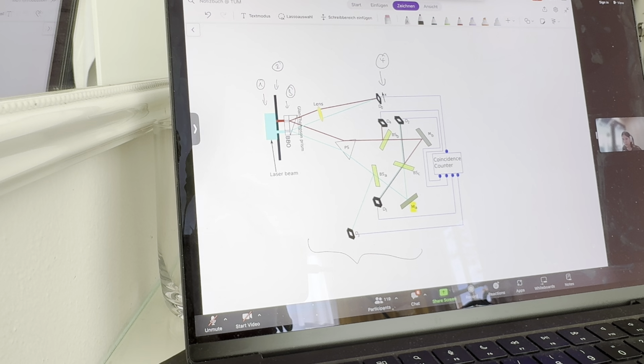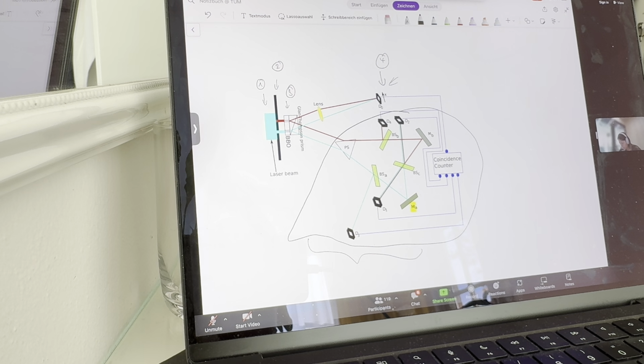What you basically have to know is we have one screen, and the photon will arrive at the screen earlier than what happens here, where you extract information through which slit the photon that is detected here went through.